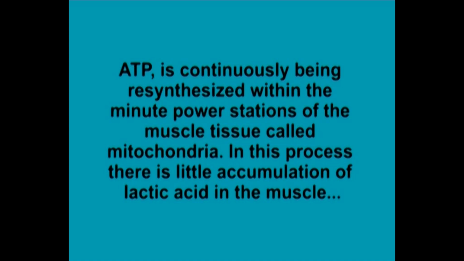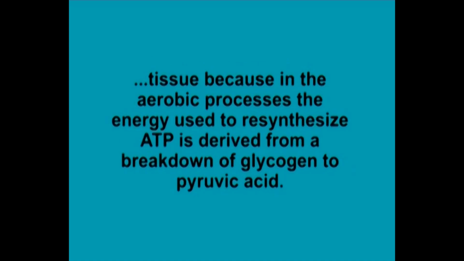In this process, there is little accumulation of lactic acid in the muscle tissue because in the aerobic processes the energy used to resynthesize ATP is derived from a breakdown of glycogen to pyruvic acid.